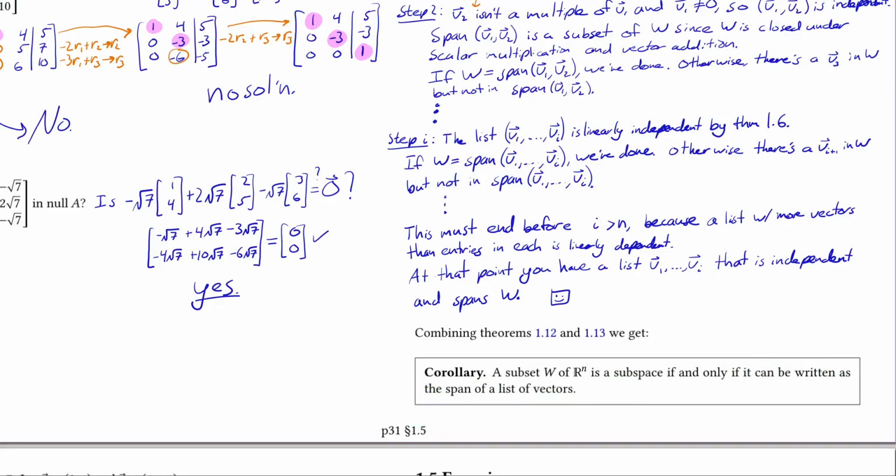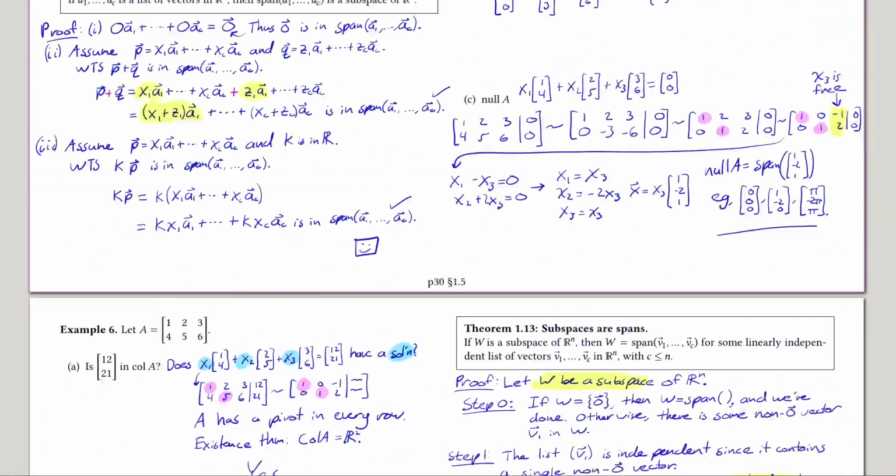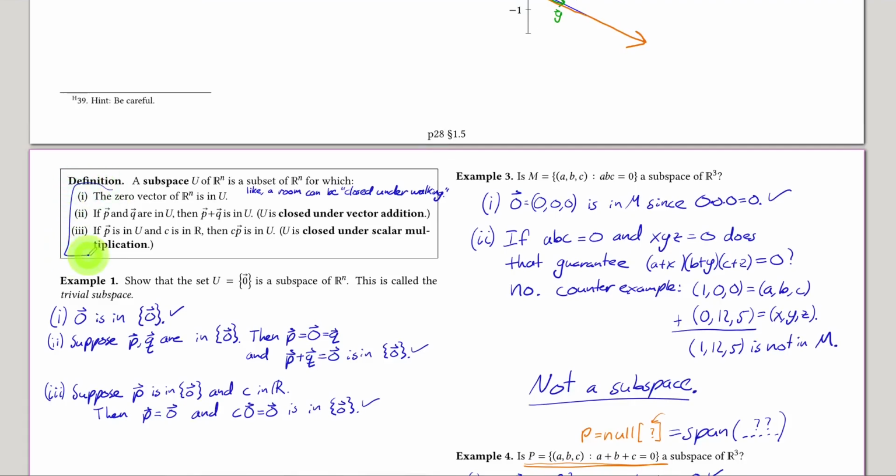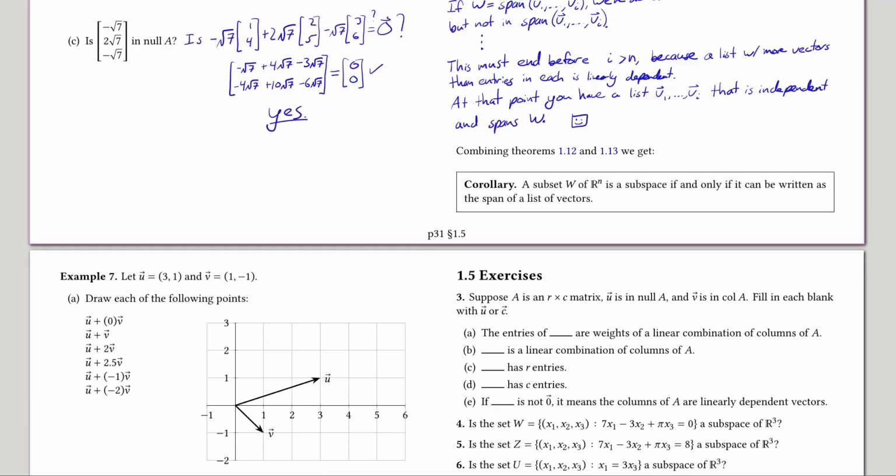So, yeah, subspaces are spans and spans are subspaces, but they're two different ways of looking at the same thing. One is as the set of all linear combinations, and one is as a set that satisfies these three requirements. Cool beans.